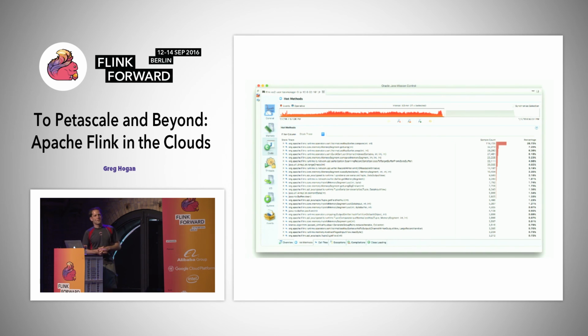I kind of went the easy route. I only did what they call Indy sort. You guys would call it F1, I think. We call it Daytona and Indy, the stock car. In Indy sort, you can basically optimize in any way you want. So I created an Indy record which had a 10-byte key and a 90-byte value.